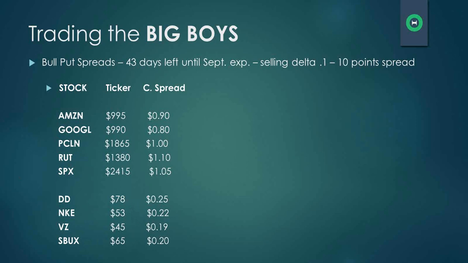You want to make sure that you determine what the best strike price difference is. For the big boys, I use 10 points. For some of the smaller ones, like weekly options and so forth, I'll go with only 5 points. And then the last thing is, how far out are you going to sell those?